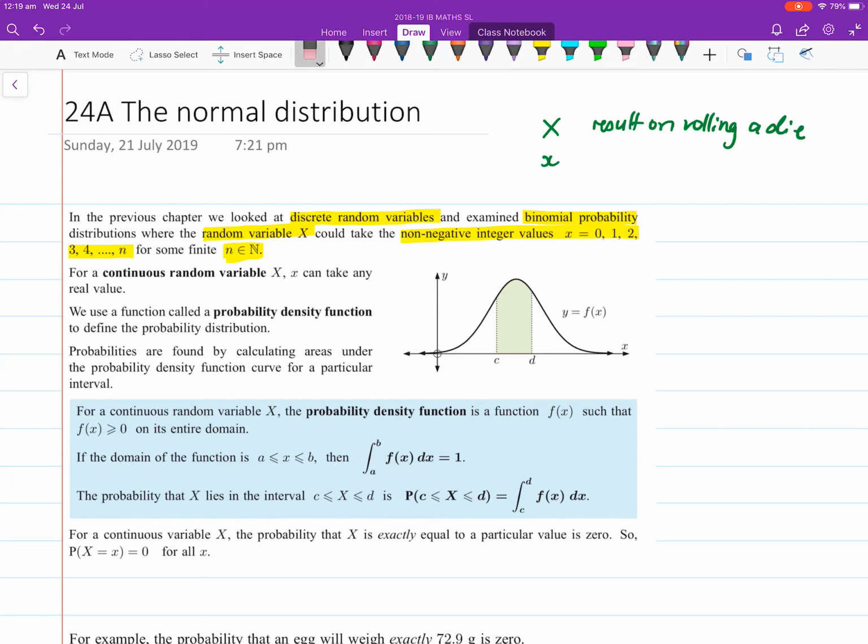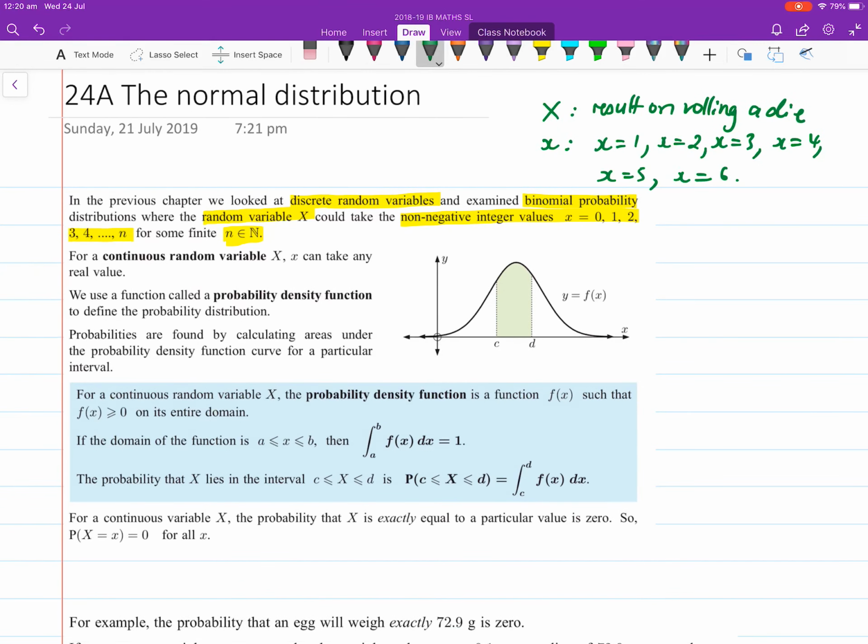Actually, I might just change this from an arrow to a colon. So little x could be, actually that won't work because there's no 0. Sorry, the result could be a 1, 2, 3, 4, 5, or 6. They're all the possible results you could get for rolling a die.